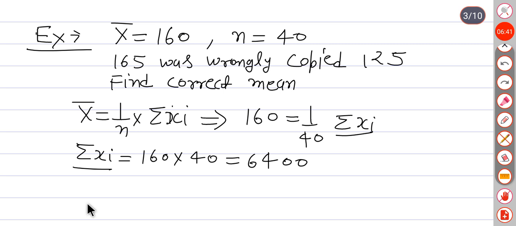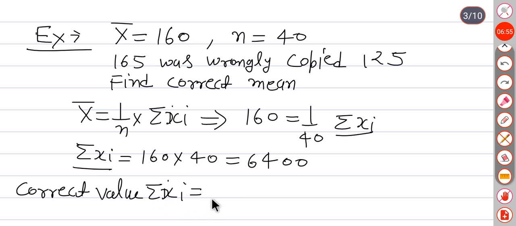So how will you get the correct value? For the correct value of the summation of xi, you take 6400, subtract the incorrect item, and add the correct one.